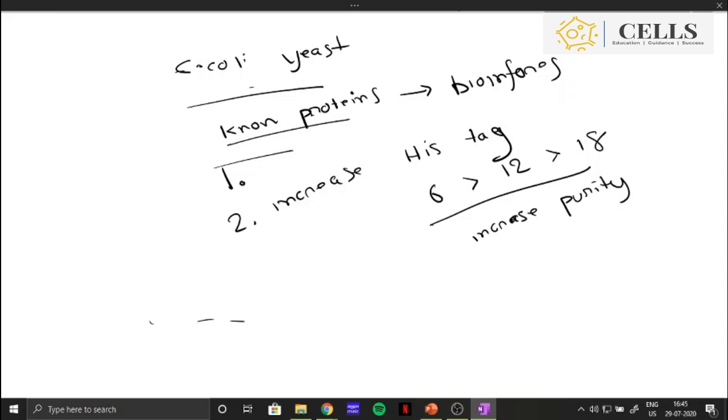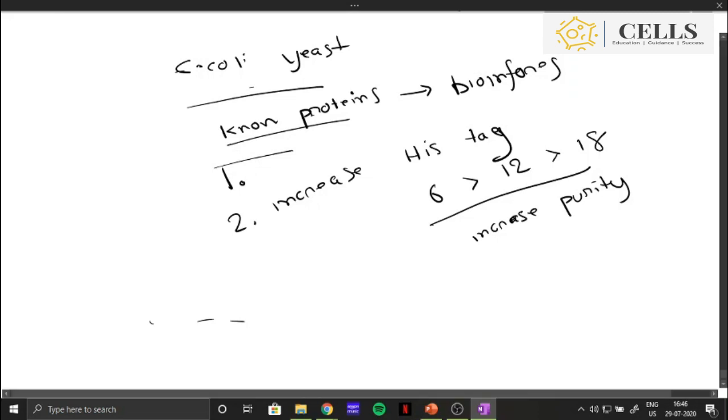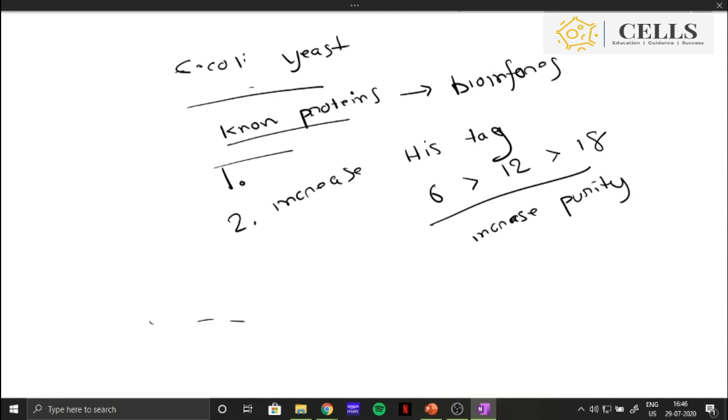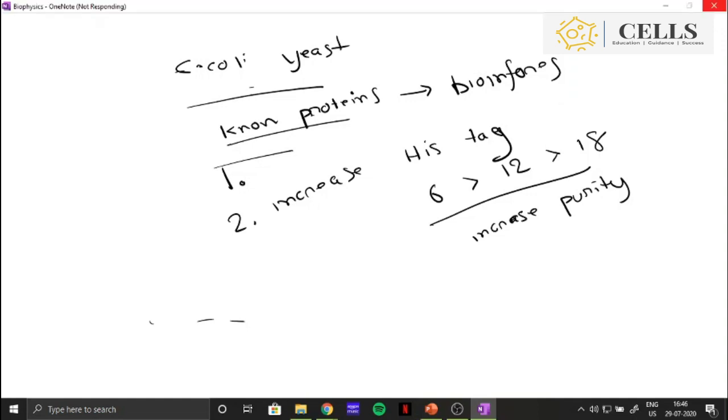So when you use a very low concentration of imidazole, it will remove that non-specific binding. But the specific bindings, those having 6 histidine or 12 histidine bound to the nickel, will not be affected because the imidazole concentration is very low. They will only be eluted when you have a high concentration of imidazole.